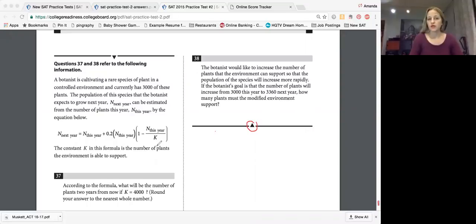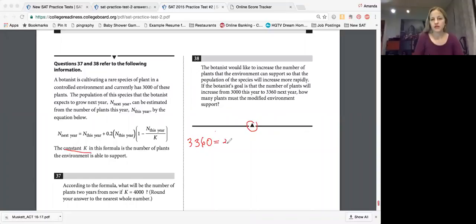And so remember, how many plants the environment can support is this constant K, right? So now we're doing the exact same thing. We're using the same formula, except this time what we don't have is the K value. So next year, we want to have 3,360 plants.